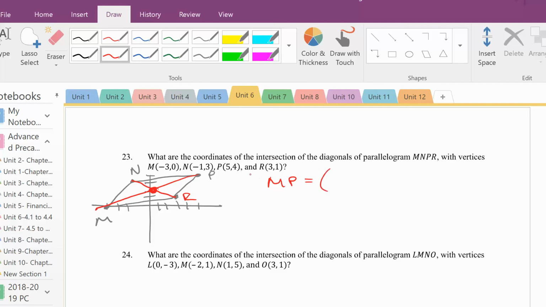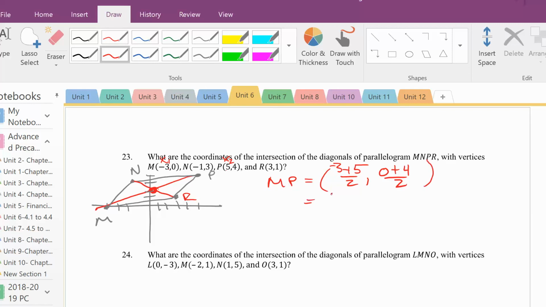You would do, sorry, it's -3 plus 5 divided by 2, because those are the x's, and then 0 plus 4 divided by 2.